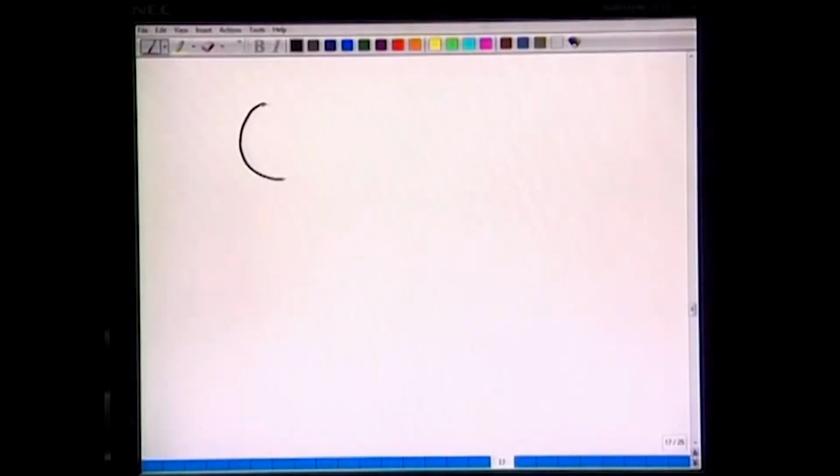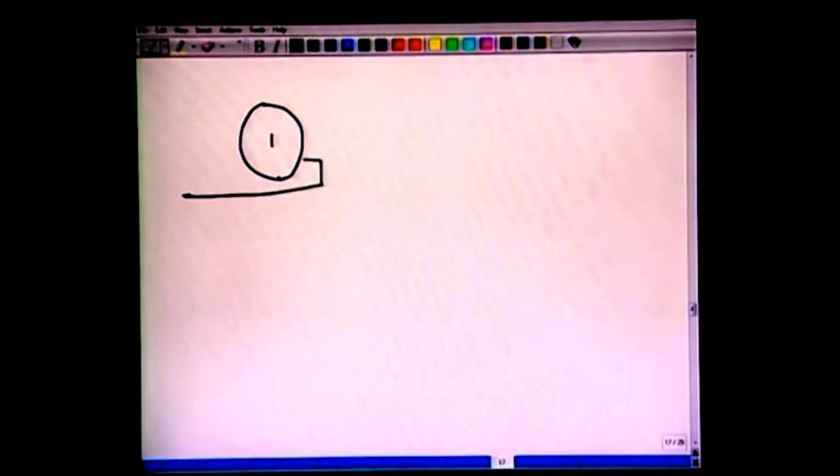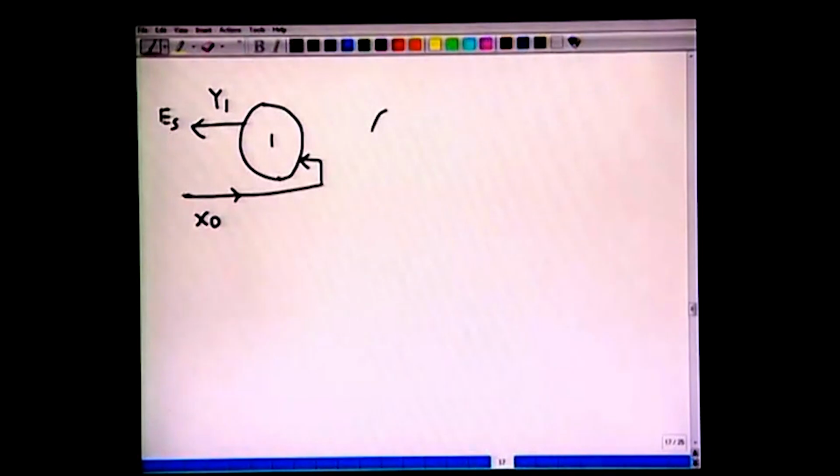Okay. So we have stage 1, where earlier we had the streams entering from the sides. Now let us draw it like this. This is the stream which has a composition of x0. Now it enters like this. And this stream which was leaving here is y1. This has a flow rate of Es. Let us draw the second stage, stage 2.